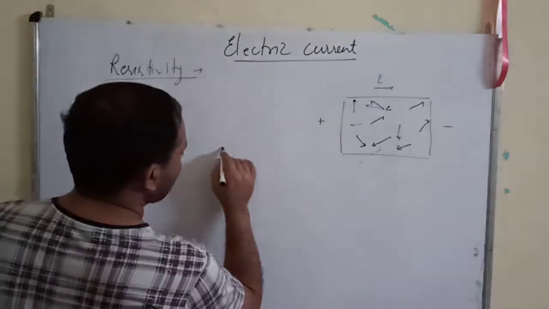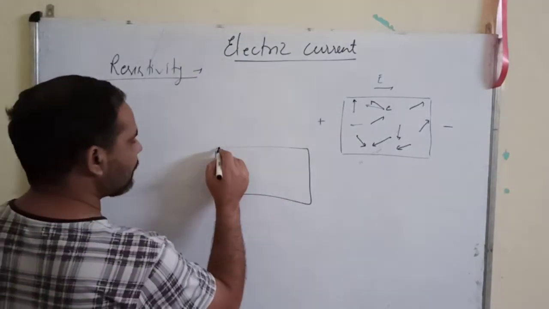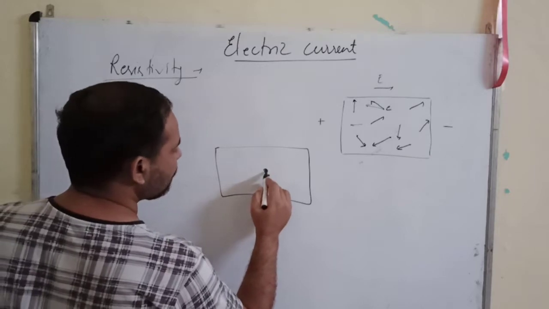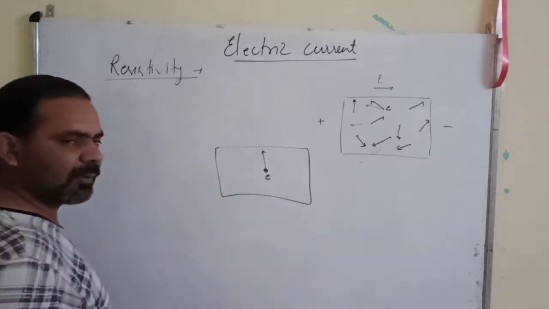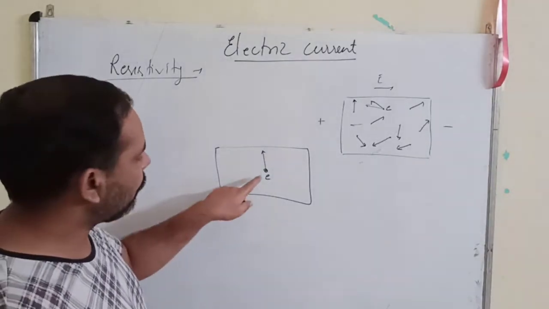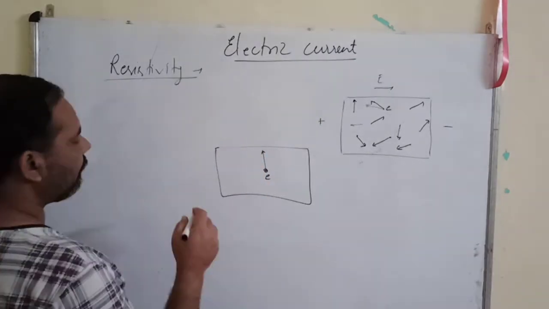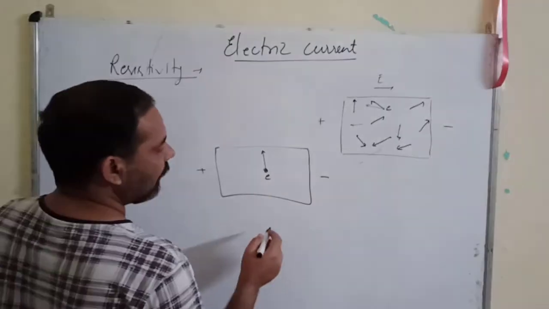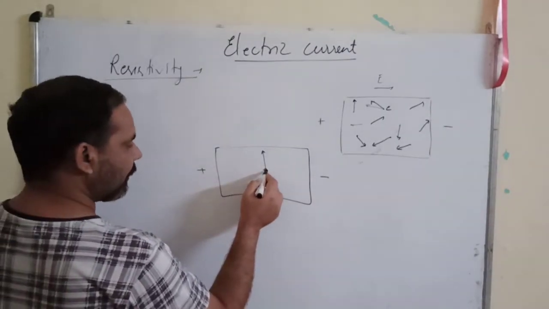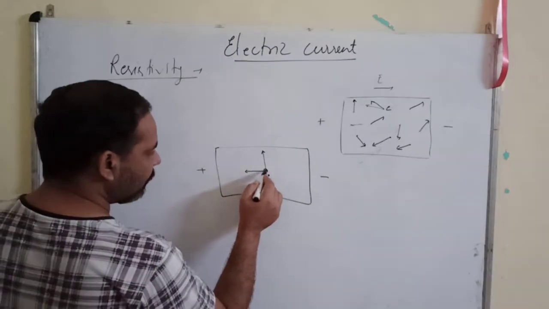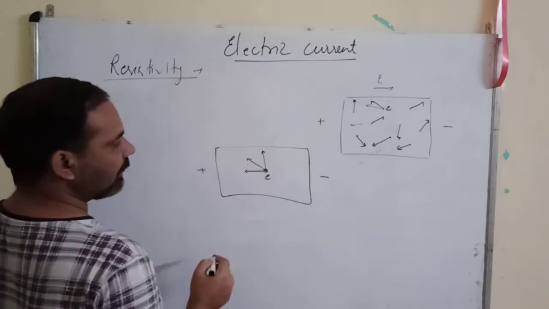So as I was telling you, suppose now I will make a figure for a single electron. Suppose this is a single electron and its random motion was this way, moving upward. Suppose we apply the electric field, and the electron now has a velocity in this direction also, so it will move along the resultant of the two velocities.